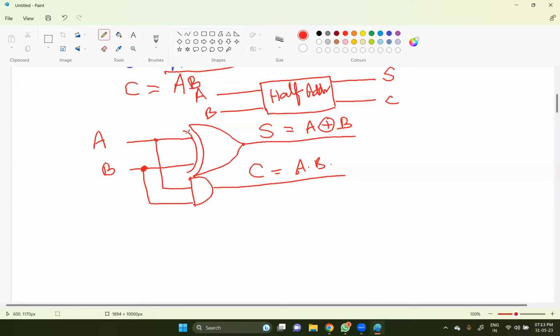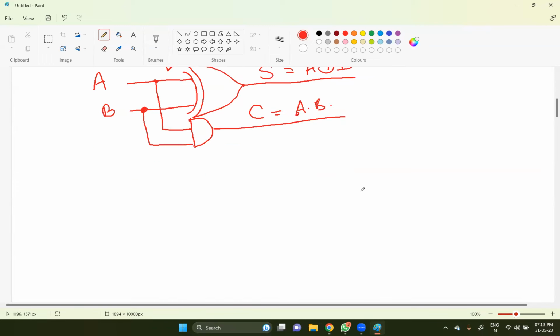If you are not interested in drawing the exclusive OR, this could also be drawn something like this. You could draw A, and A's complementary form will be this, and B and B's complementary form will be this one.